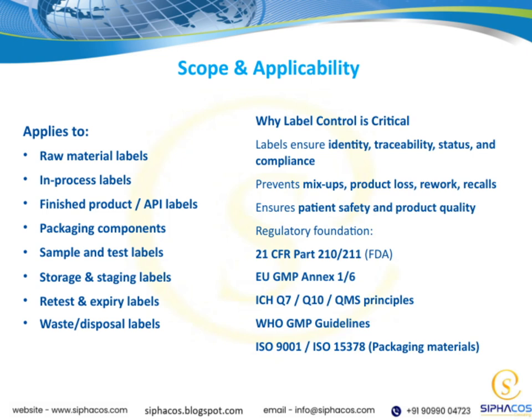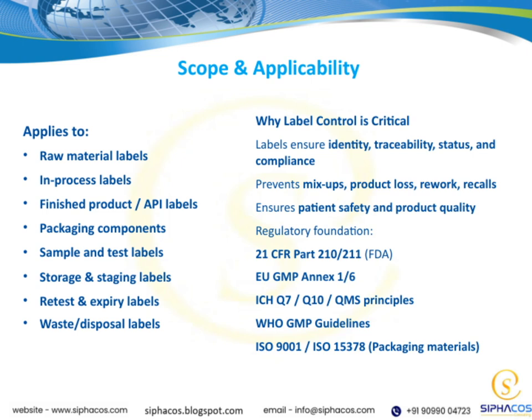in our industry. Now, on the regulatory side, there are several important frameworks we follow. For example, the FDA's 21 CFR Parts 210 and 211 set strict guidelines for pharmaceutical manufacturing. In Europe, EU GMP Annex 1 and 6 outline similar standards.